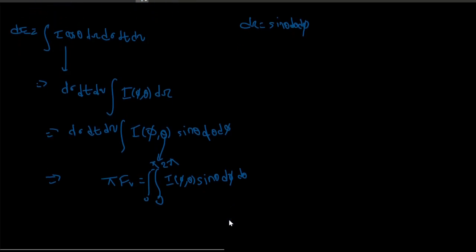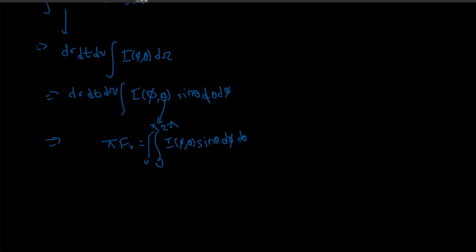Here you can see there is an unknown variable, this F. No need to worry about this F. It is called the net flux. And net flux is what? Power per unit time.